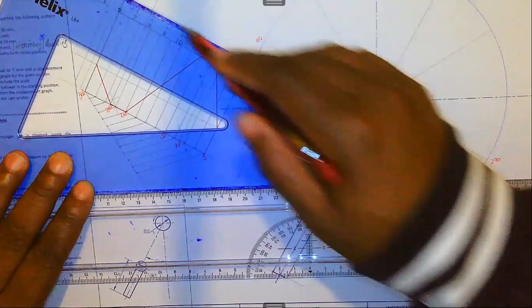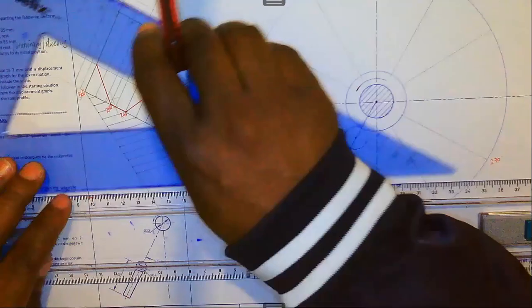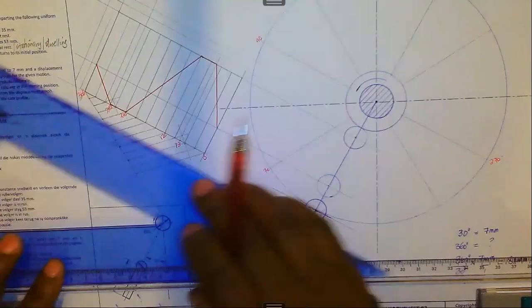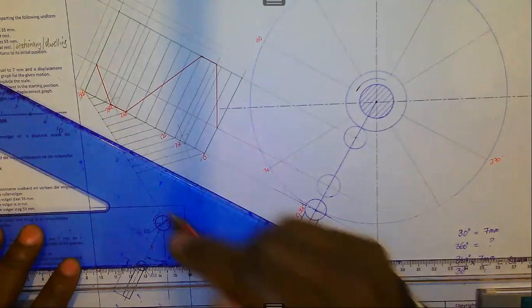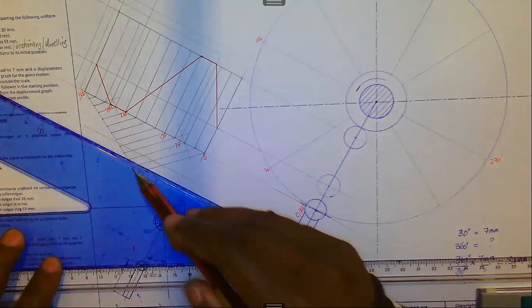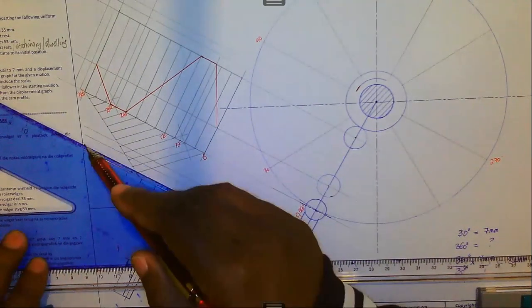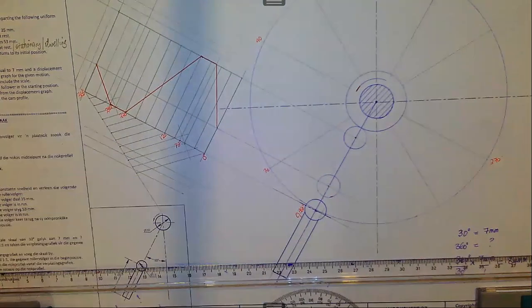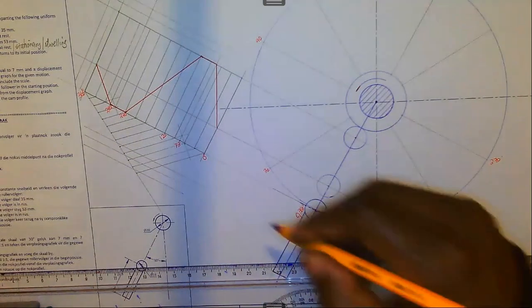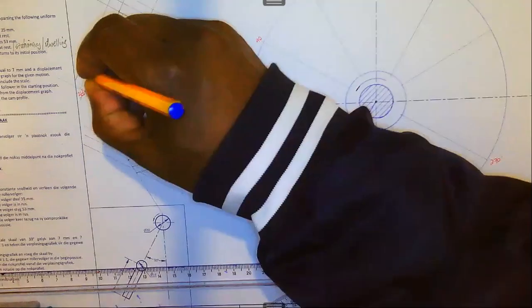Remember, in dimensioning, if you follow the principles of dimensioning, you read from left to right, from bottom to top. So here, that's the displacement.